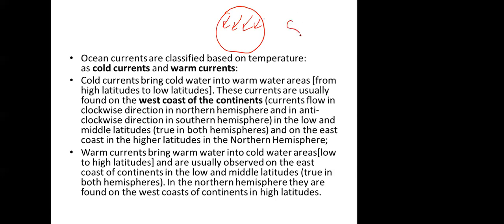If you consider South America or if you consider Africa, you can find it on the western part of the continent, right? Because you know that it travels on the right hand direction. Since it travels on the right hand direction, you can understand why the cold ocean current is present on the western side of the continent, right? And warm ocean currents can be found on the eastern part of the continent. Again, because it travels on the right hand direction in the northern hemisphere.